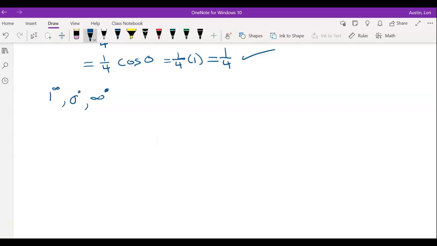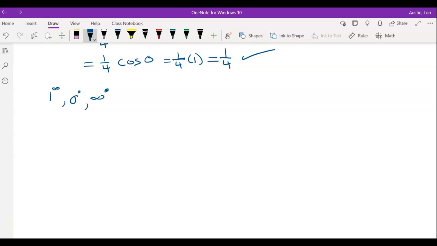Let's go through those for a second. Infinity is not a number. It's more of a concept. So 1 to infinity is not 1. 0 to 0, nope, not 1. I know you want to make it 1 because you're like, well, anything to the 0.